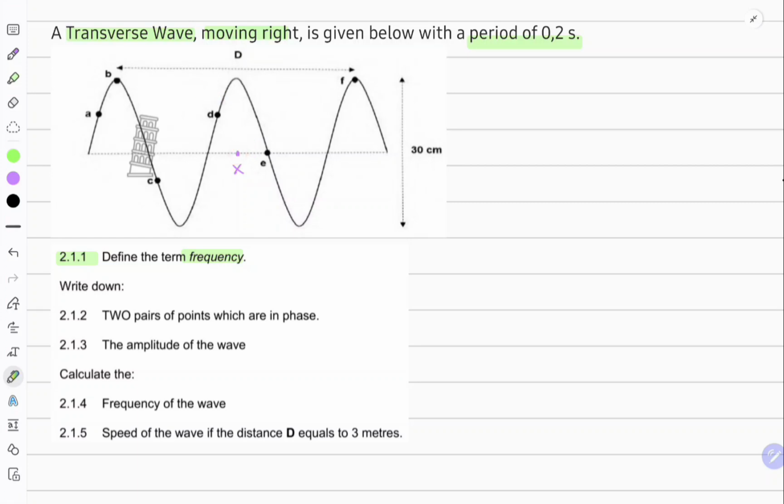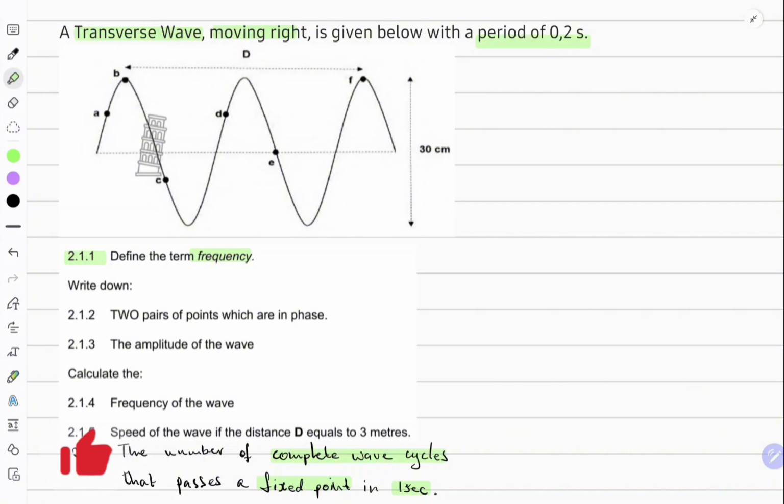Remember, the wave is in constant motion. It's moving from left to right. So the number of complete waves that pass this fixed point in 1 second is called the frequency of the wave.